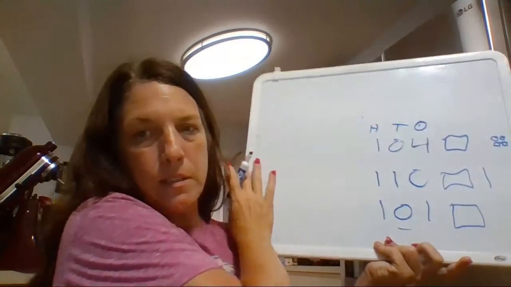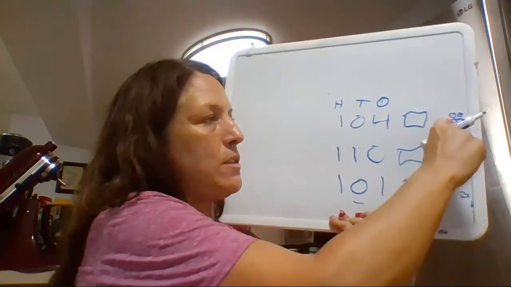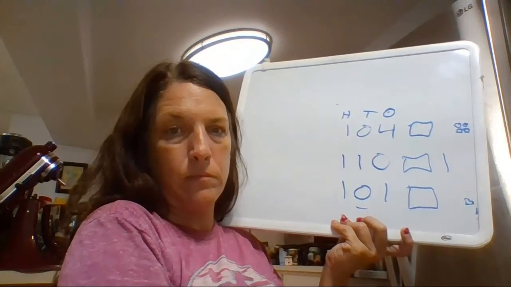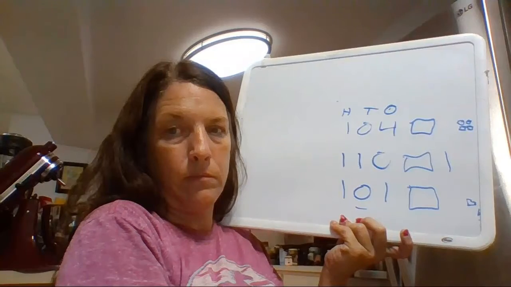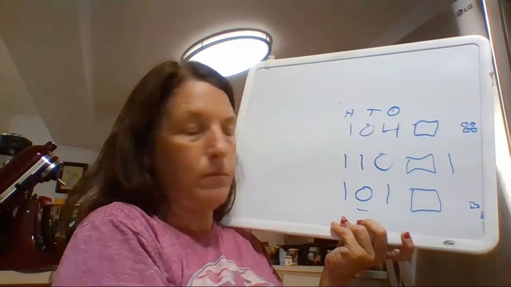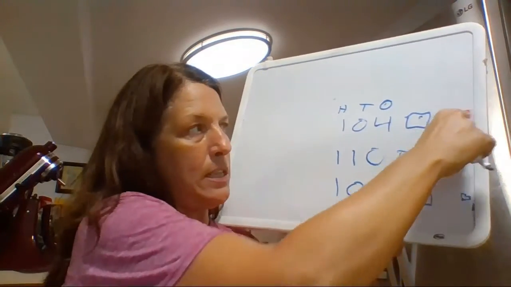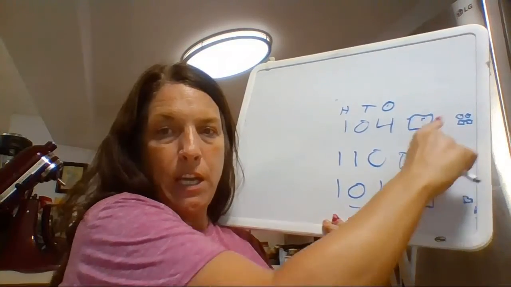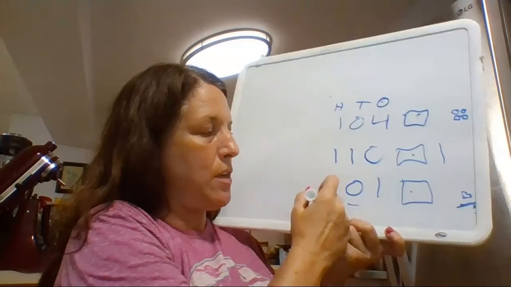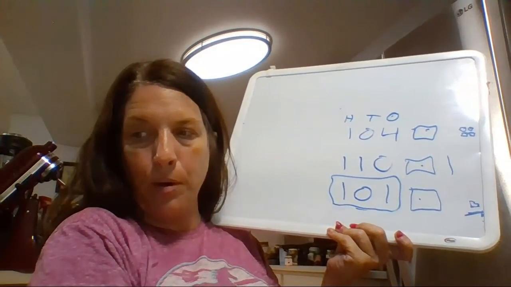Now let's think about this. Which is smaller? Is 1 smaller? Is 4 smaller? Or is 10 smaller? 1, right? The 100's the same in all of them. So we just need to compare over here and see which one's the smallest. And 1 is the smallest. So 101 would have been your smallest bar on the graph.